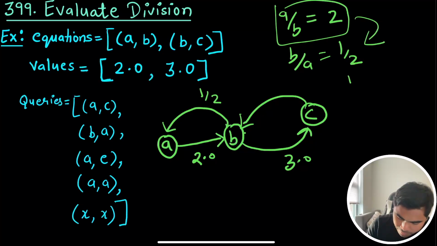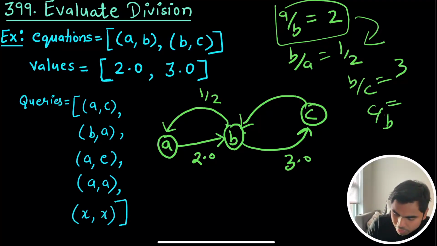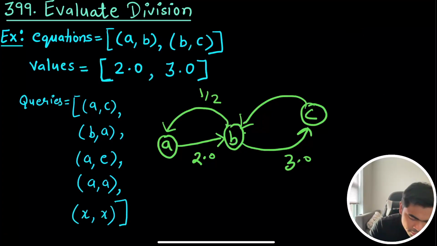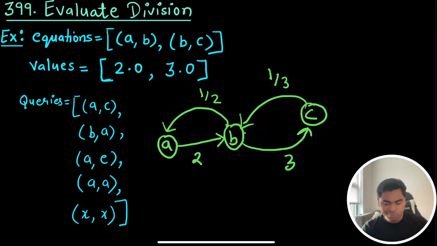If B by C is 3, then C by B is going to be 1 by 3. All right, so now we understand that very well. So I'm going to get rid of this so that we have a really nice looking graph right here. So this will be 1 by 3. And for simplicity, I'm going to get rid of these zeros.